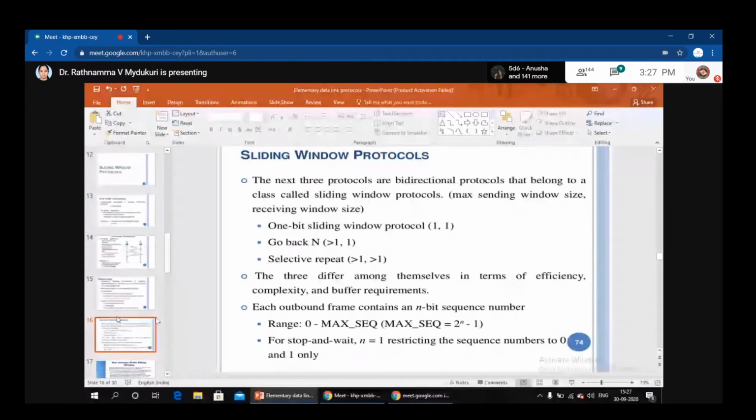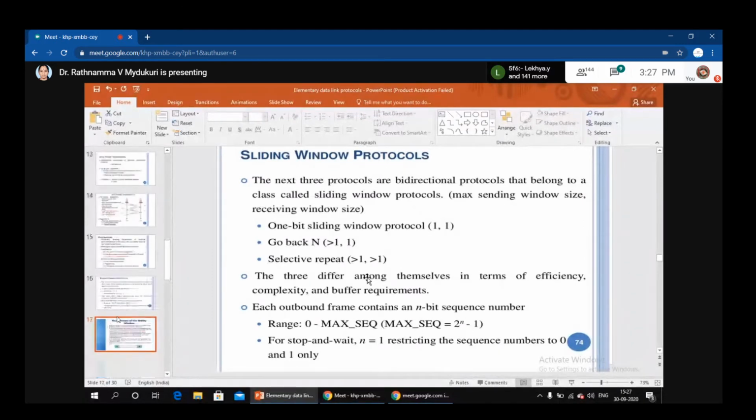That is the 1-bit sliding window protocol, then go back N protocol, and selective repeat protocol. These are the 3 protocols which are called sliding window protocols. These 3 are different from one another, but all 3 have a mechanism of bidirectionality.